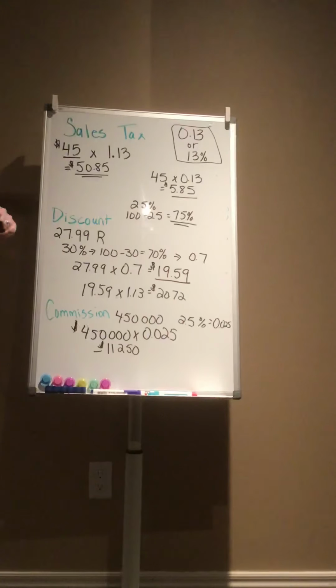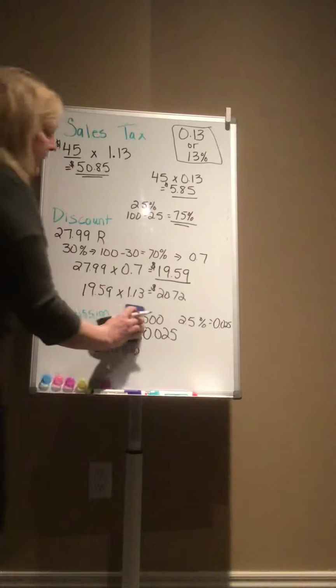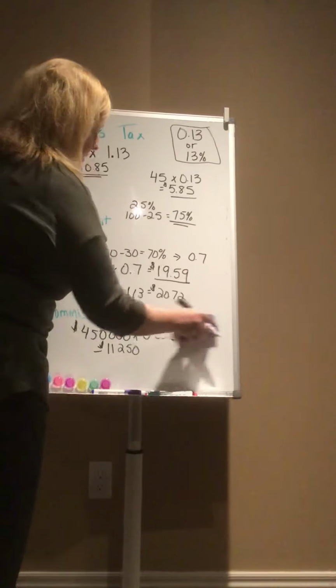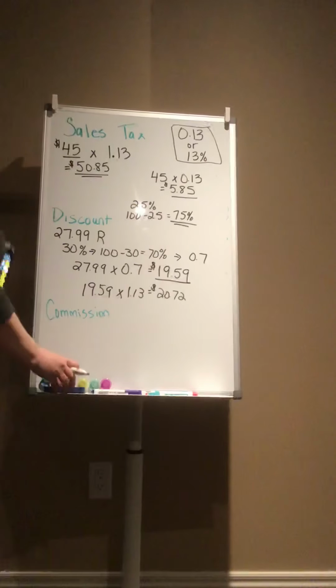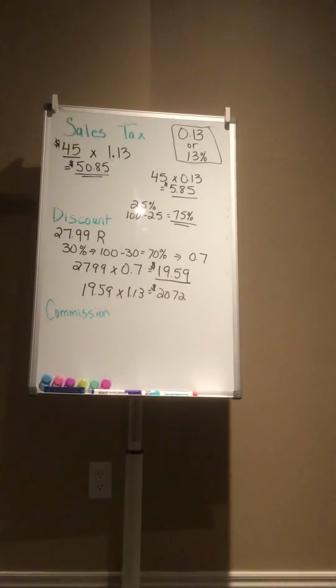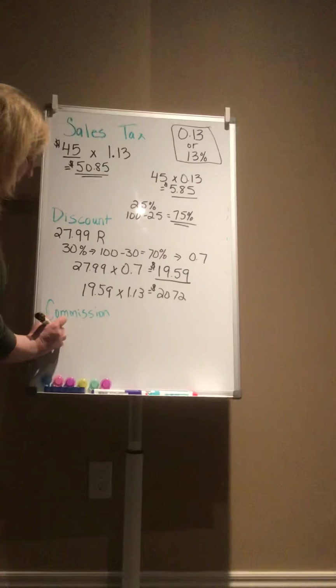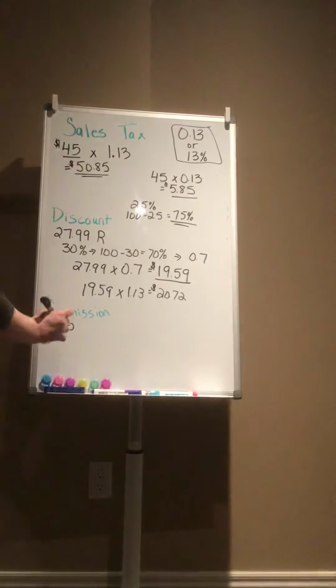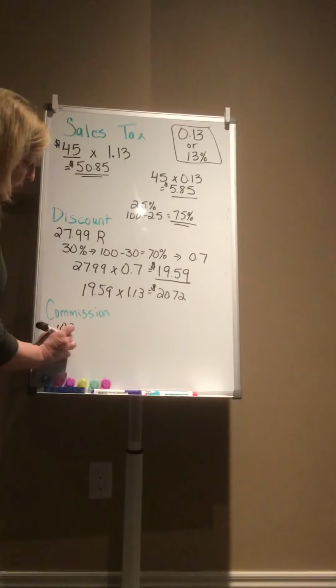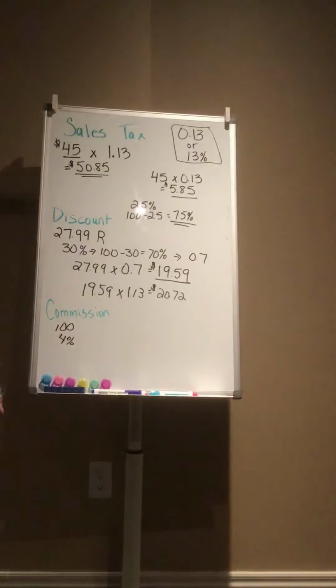Commission works the same way, for example, when I was talking about Sport Check. Let's say that for every $100 of merchandise you sell, you're going to get 4% commission.